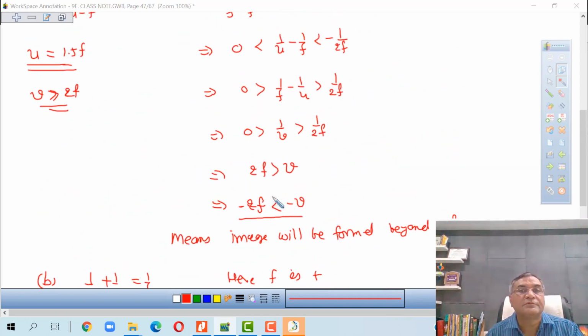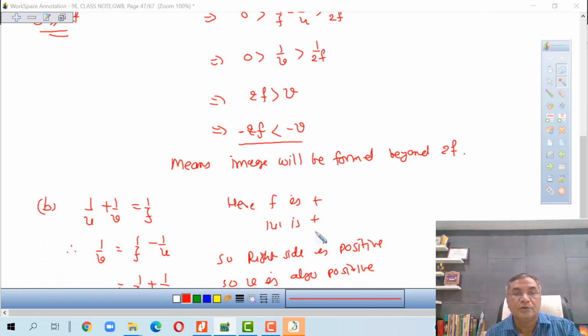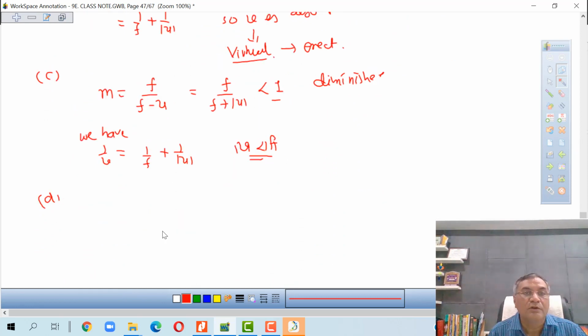Then fourth one, that is D, an object placed between pole and focus of the concave mirror produces a virtual and enlarged image. So now D, v is equal to, as we know, fu upon u minus f. Magnitude wise, this is minus f, again minus u, both are negative, multiplication is there, divided by u is negative, f is negative.